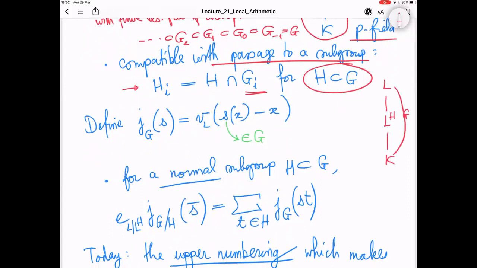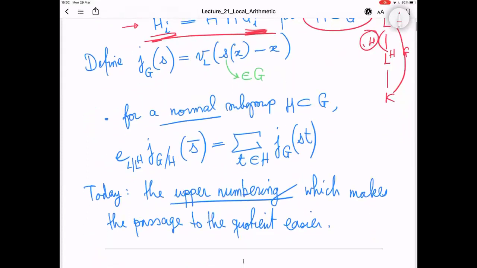So the ramification filtration is defined for H as well. How is H sub i related to G sub i? The simple answer in this case was that H sub i is just the intersection of G sub i with H. So that's a very simple kind of a thing which is going on.